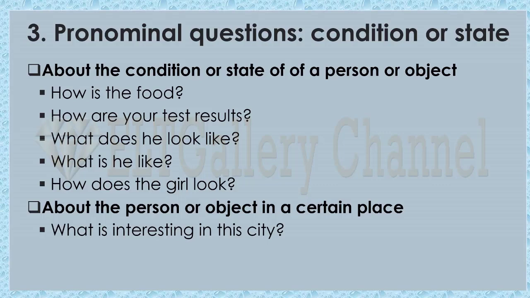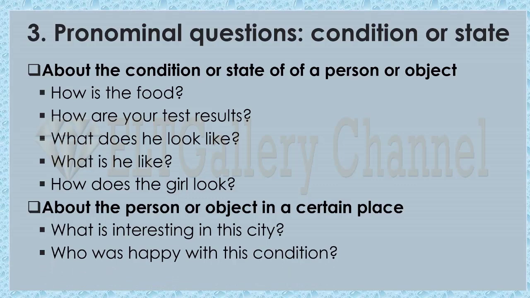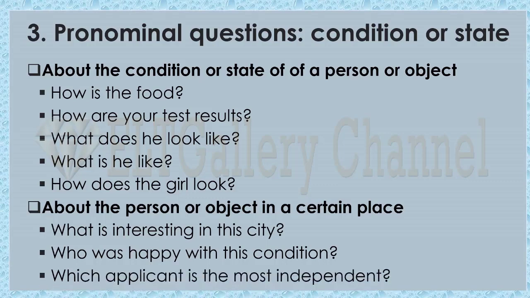So it's about the subject, but the state is given in a certain place. We have who was happy with this condition? Well, nobody was happy with the condition. It was a bad condition. Who was happy? And then you have which applicant is the most independent.